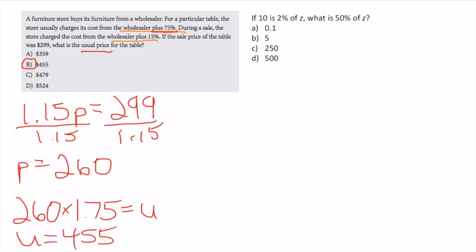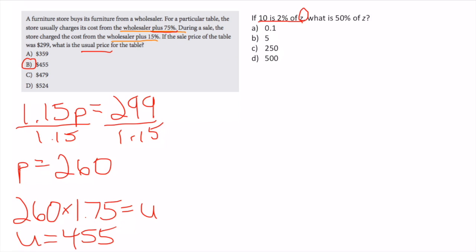So this pretty basic question here: if 10 is 2% of Z, what is 50% of Z? First we need to solve for Z here. We have enough information to do that.